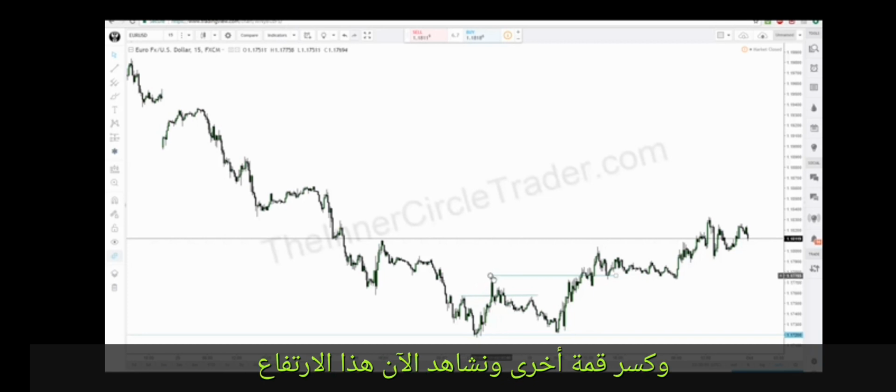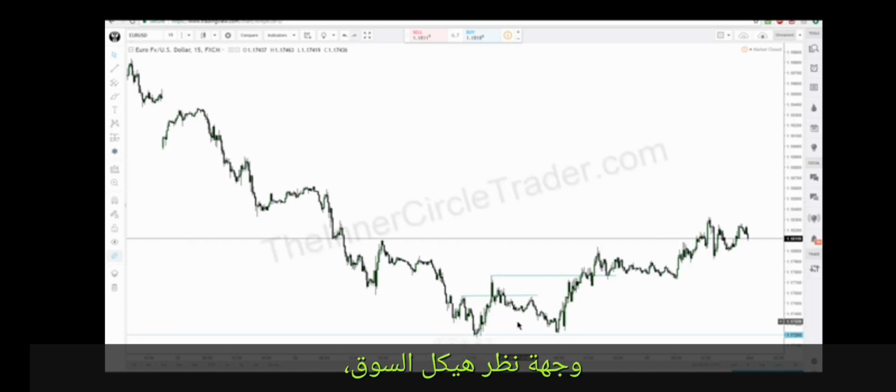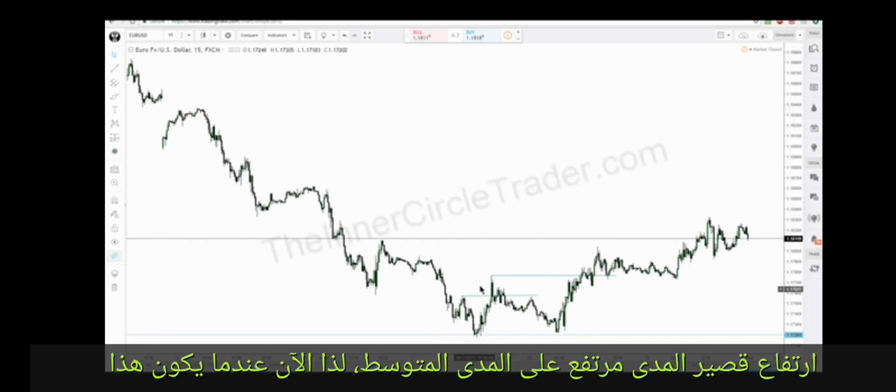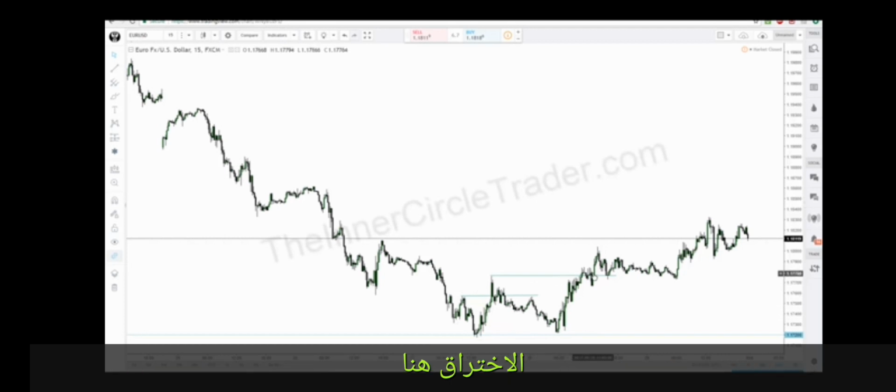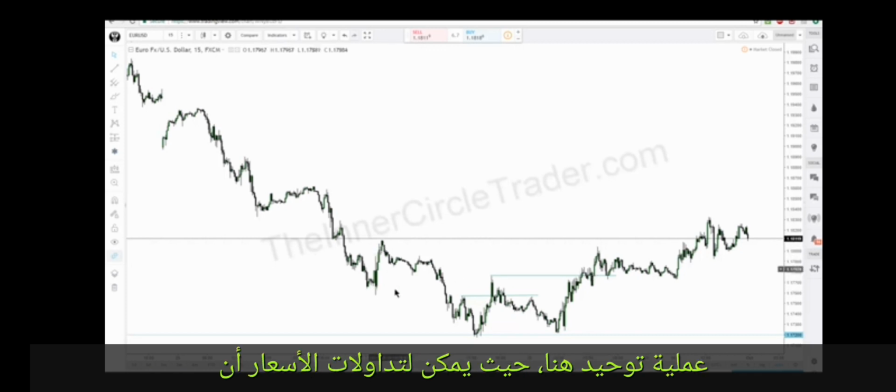Now watch. This high being higher than this one, from a market structure standpoint, is a short-term high and an intermediate-term high. So now when this breaks, we have a much more solid setup for a potential run in price higher. Now we have to enter at the optimal trade entry because we already have a consolidation in here.